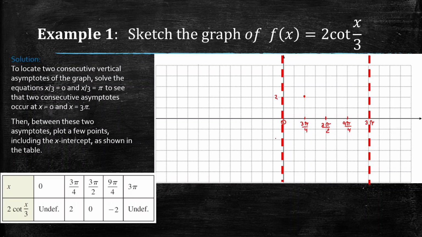Okay, so that's 2 and negative 2. And so over here, I'm at negative 2. And always I'm going to start going along the edge of my asymptote, curve over to my reflection, and then switch direction, and I'm back down here. Okay, so that's how we plot the cotangent function.